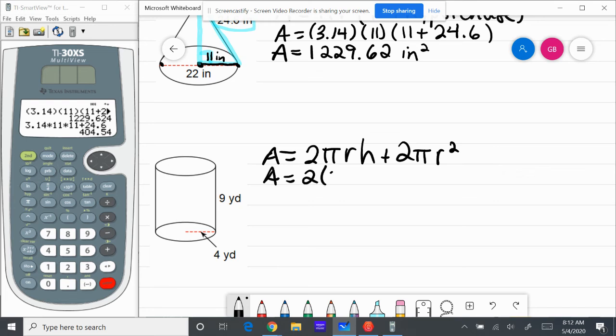Pi is 3.14. The radius here is 4. And h is the height of the cylinder. So the height is 9, plus 2 again, pi again, and then the radius squared, 4 squared.